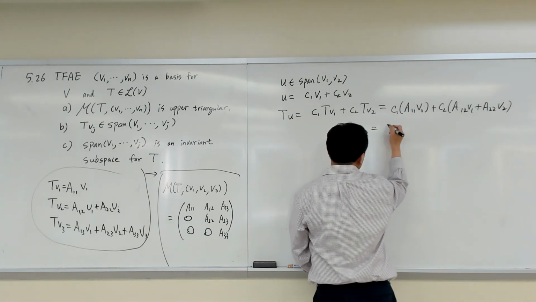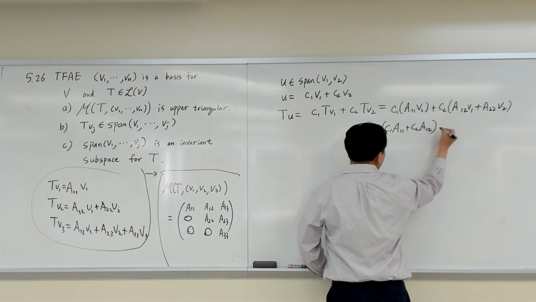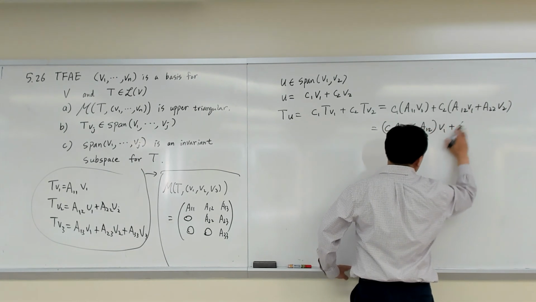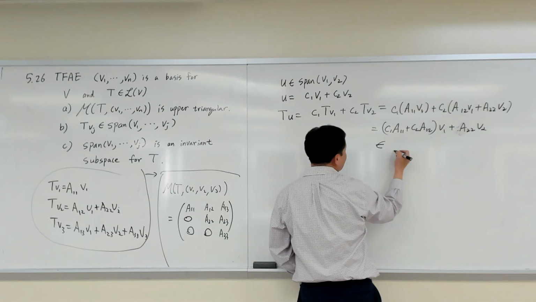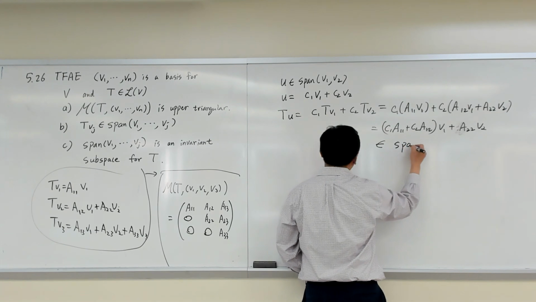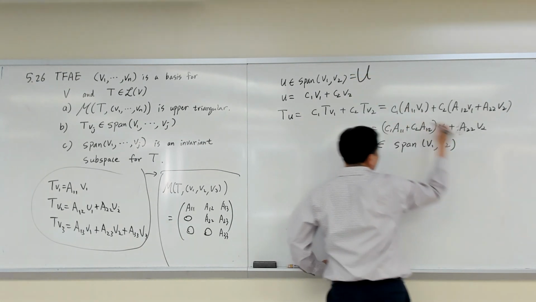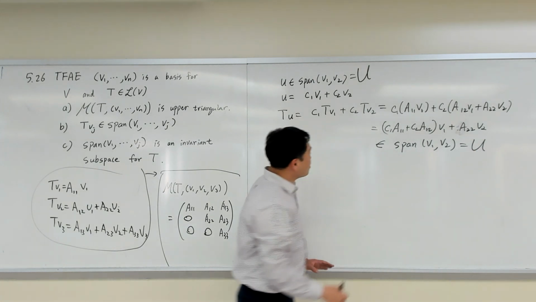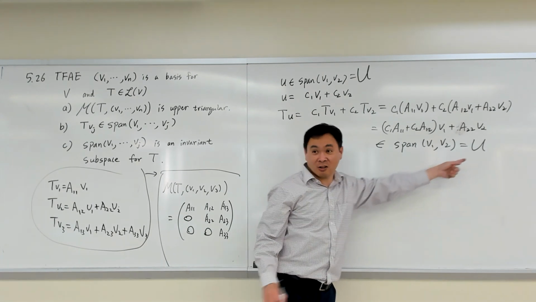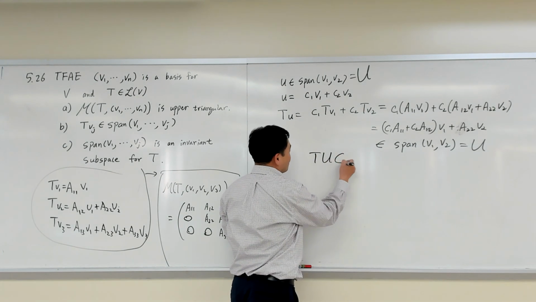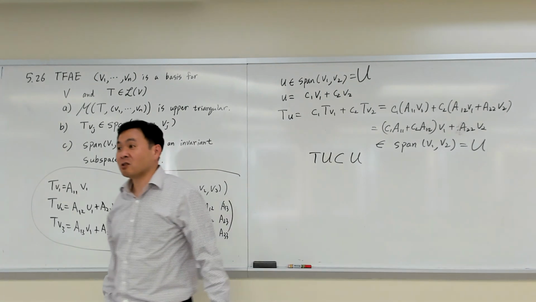So that's equal to (c1 a11 plus c2 a12) v1 plus c2 a22 v2, and therefore this belongs to the span of v1, v2. If I call this vector space U, what did I just prove? I took any element in here, and the result still lies in here. So T of U is a subset of U. So U is indeed an invariant subspace.